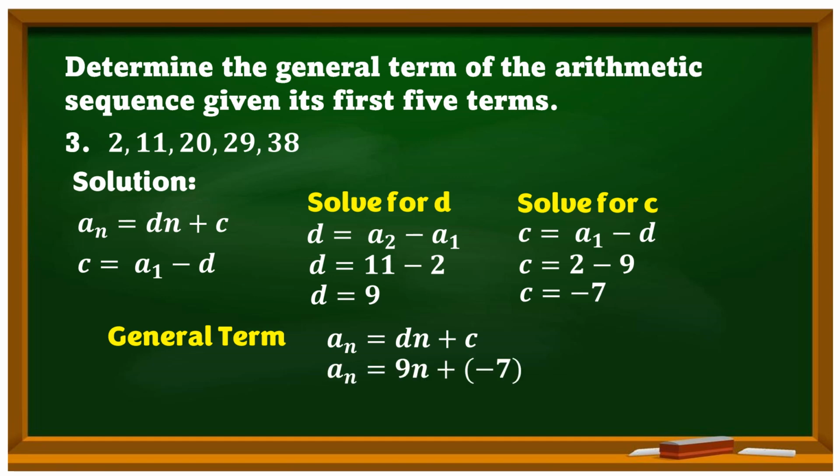So we have a sub n equals 9n plus negative 7. And then simplify the equation. So we have a sub n equals 9n minus 7. So the general term of the arithmetic sequence 2, 11, 20, 29, 38 is a sub n equals 9n minus 7.